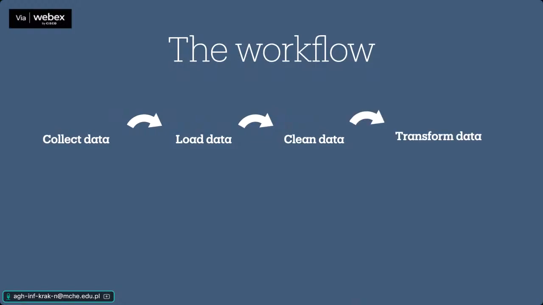And now is the transformation. The transformation is also a little bit about the cleaning part. We need to fix the types. Sometimes we need to rearrange the data. So maybe we have the longitude and latitude of some point, but we want to have the distance.